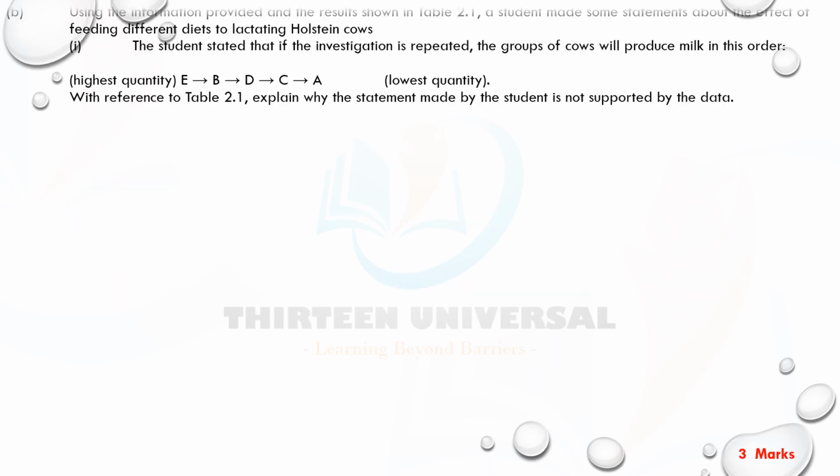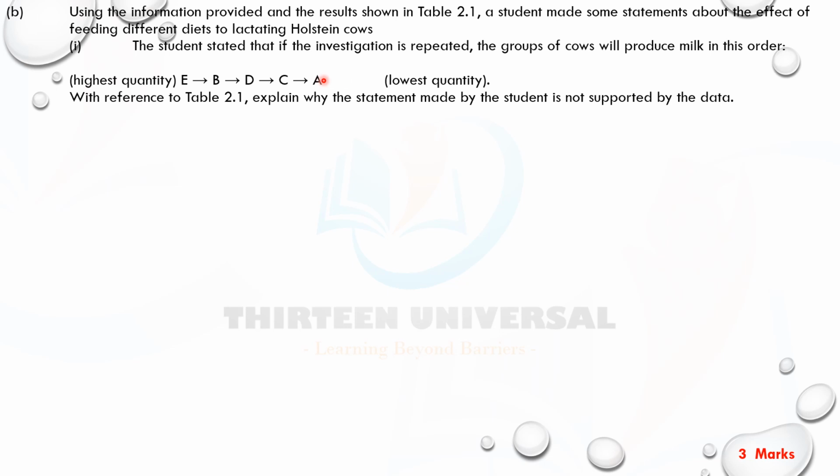So now, using the information provided and the results shown in table 2.1, a student made a statement about the effect of feeding different diets on lactating cows. The student stated that if the investigation is repeated, the groups of cows will produce milk in this order: E is highest, then B, D, C, and A lowest.